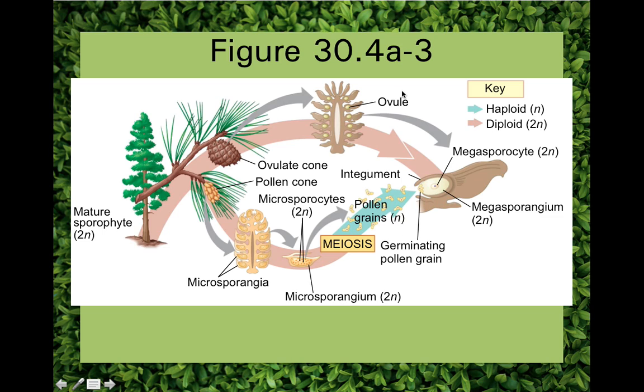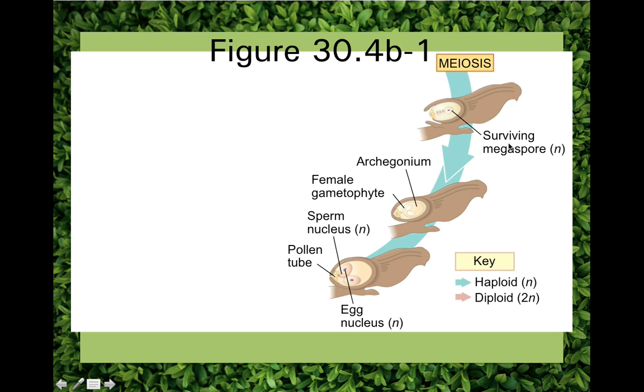Within the ovules, we've got a megasporangium, or a container for the megaspore, and a megasporocyte, which is diploid, and is going to undergo meiosis to form a megaspore.